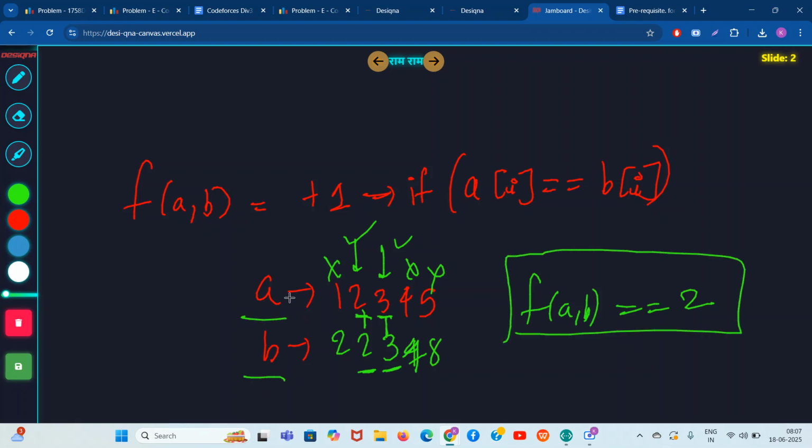It is given in the question that L will be less than or equal to R, that you know.